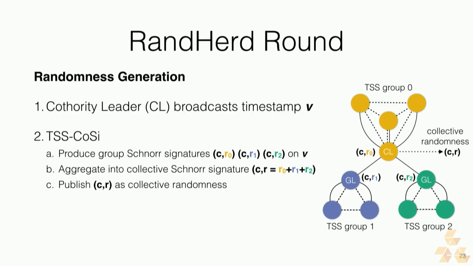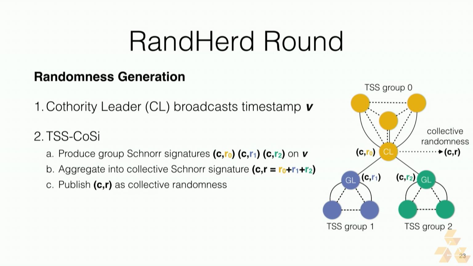Once that's done, we can switch to randomness generation, where one of these nodes temporarily works as the authority leader, and it broadcasts a series of timestamps, which then get signed by all the subgroups. So this V will be signed by the yellow group, by the blue group, and by the green group, and they all produce their threshold Schnorr signatures.